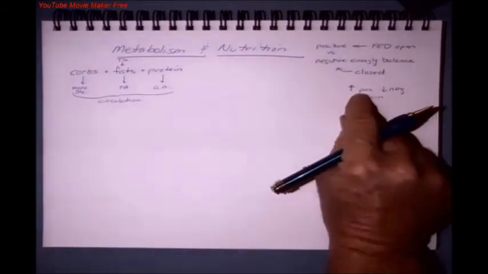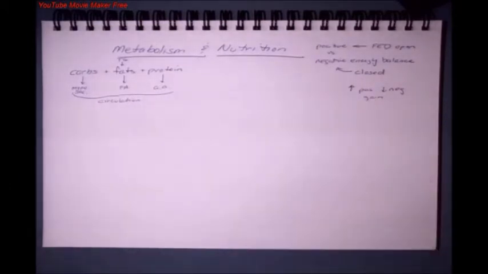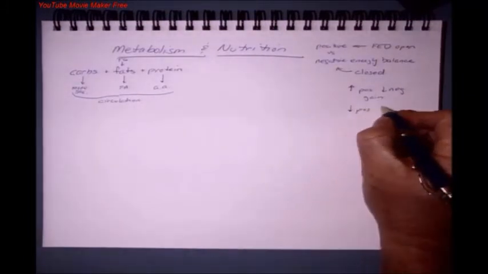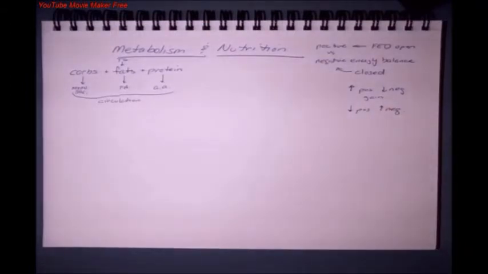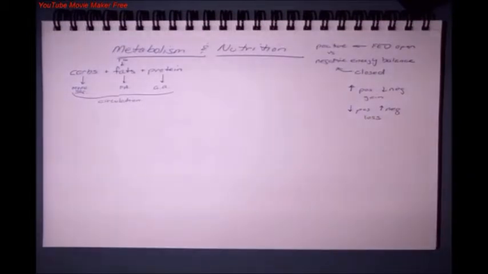So if somebody has an increased positive energy balance, that means that they are taking in excessive calories than their body is using. Now, the opposite is true also. If you have a decreased positive energy, increased negative energy balance, this is going to be weight loss.